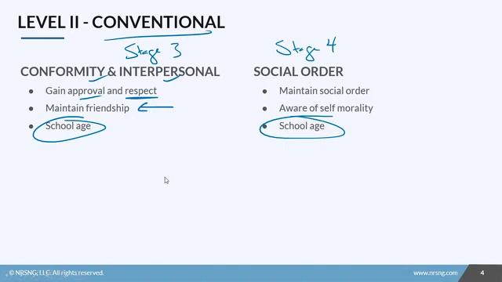This develops a little bit further, and you start to get into the stage of social order. They start to realize that they have their own self-morality and their own understanding of right versus wrong, but they also want to do things that maintain the status quo, meaning they don't want to disrupt what's going on.